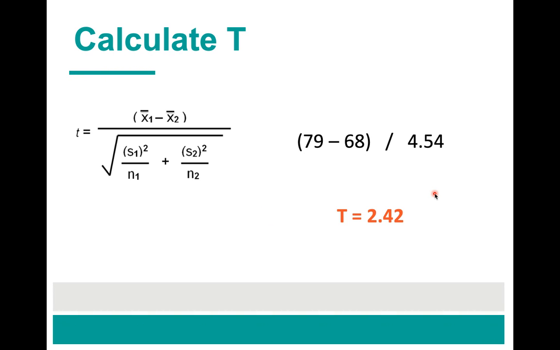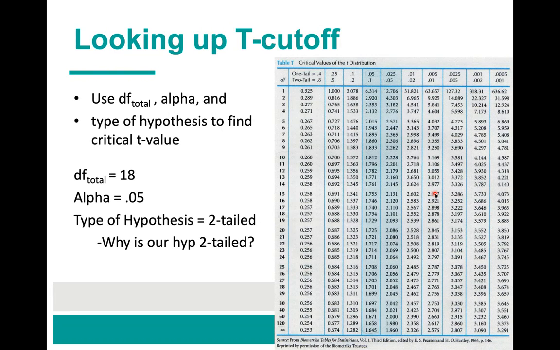But remember, we're doing hypothesis testing, so we need some benchmark. We need something to compare it to. For that, we need our t-distribution critical value table. We use 3 pieces of information, as we discussed in our review of hypothesis testing.